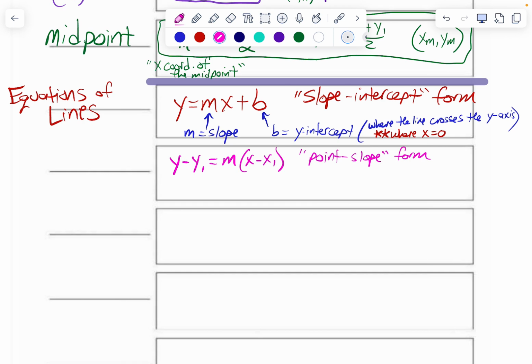So (x1, y1) is a point on the line. M is the slope. So hopefully you can see why these are named the way they are. Sometimes things in math don't really seem to have a logical name, but these do. Okay.